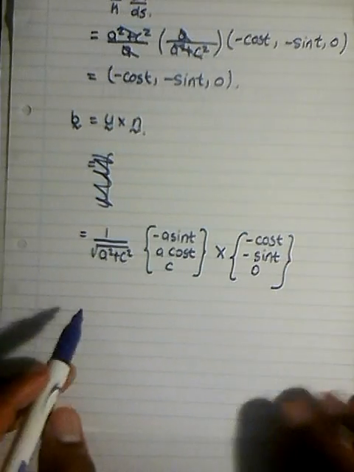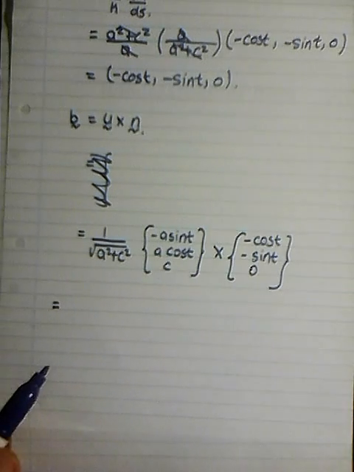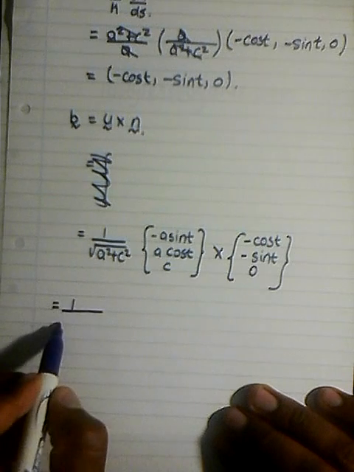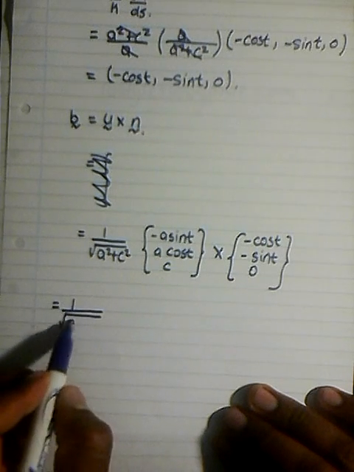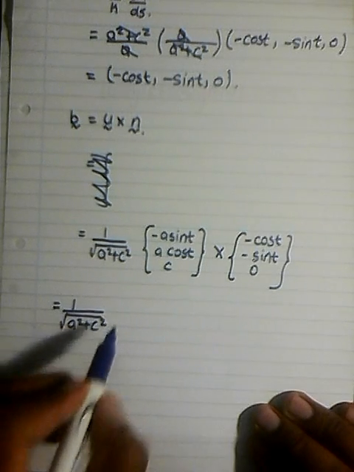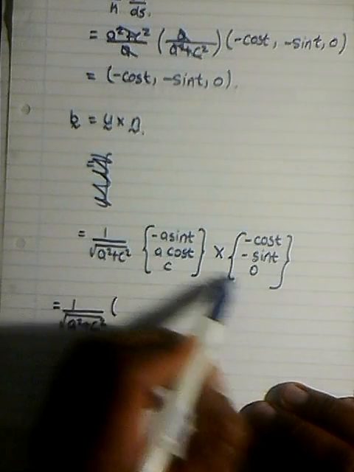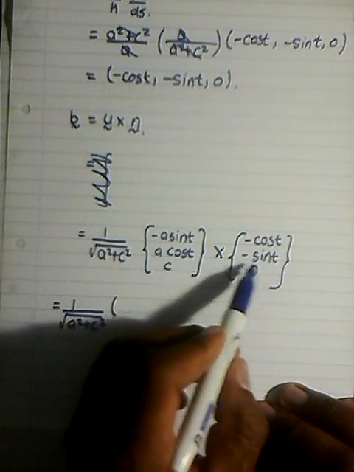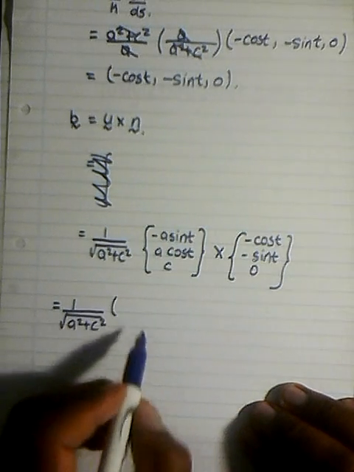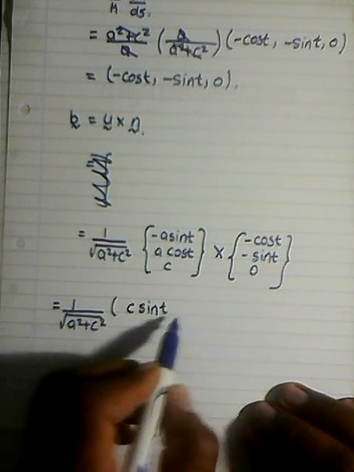Then b is equal to 1 over the square root of a squared plus c squared, multiplied by 0 minus sin c, so we're going to get c sin t.